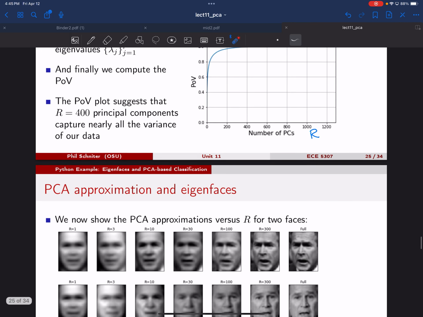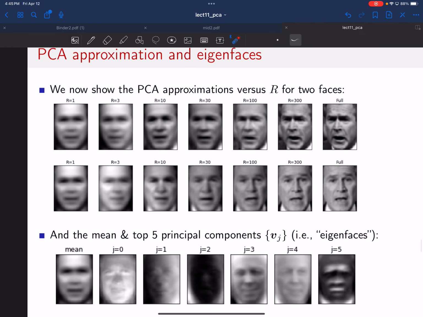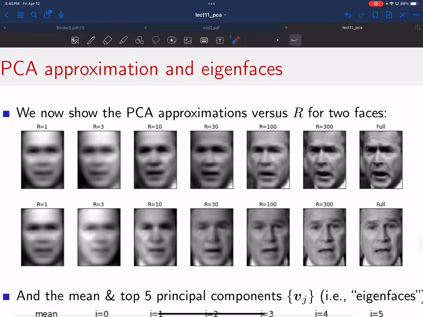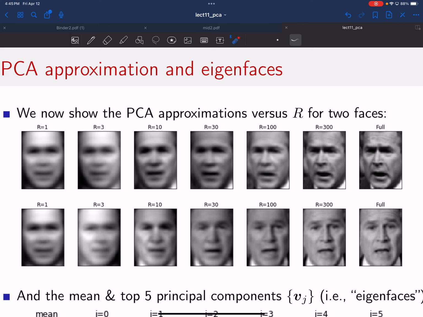Okay, let's take a look at some example faces. So here are two faces. This is the original, the complete face. And here is the approximation as you use different numbers of PCA components. If you want to code this face with one scalar value, the best single scalar value according to minimizing RSS, this is the approximation you would get.